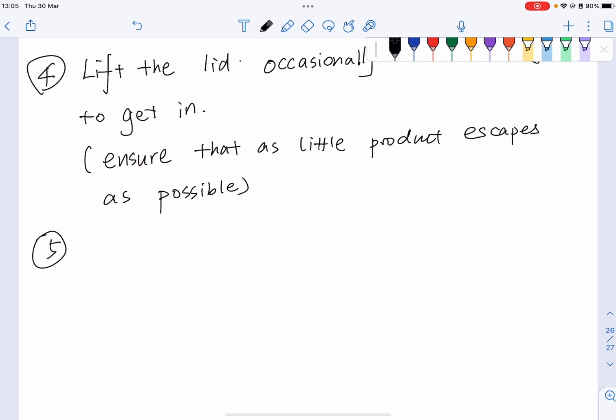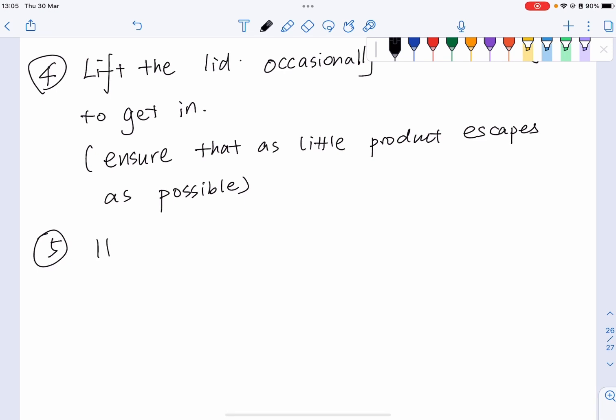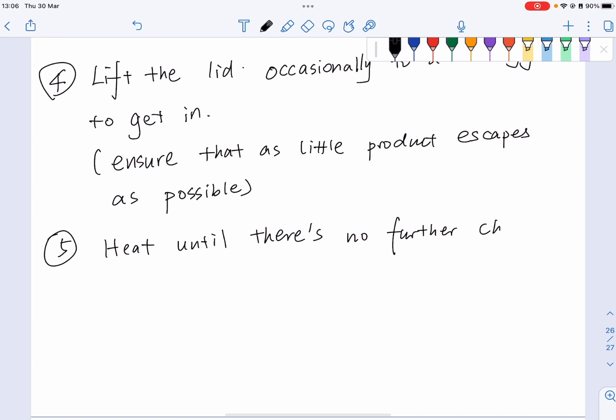And then we'll heat. When do we stop? During the videos I also added the water, but from DSC, it's not necessary for you to write the water, so we'll just say heat until there is no further change. After the reactions, it should be very hot, right?